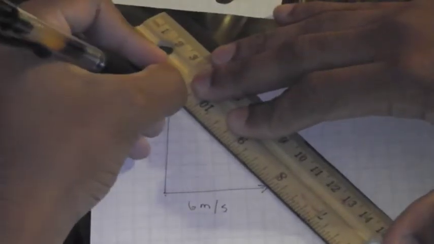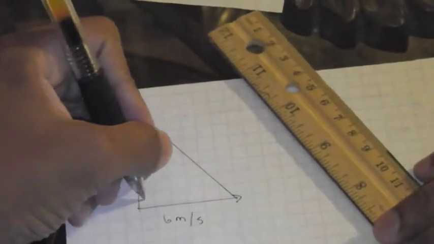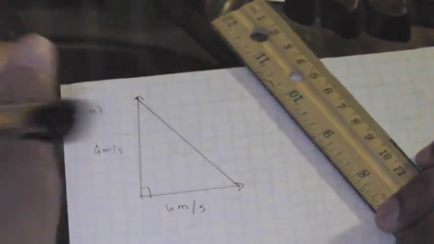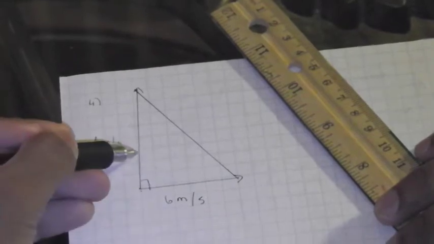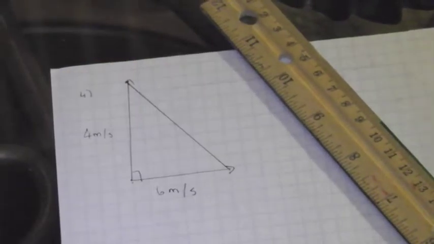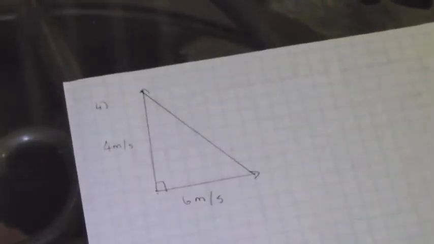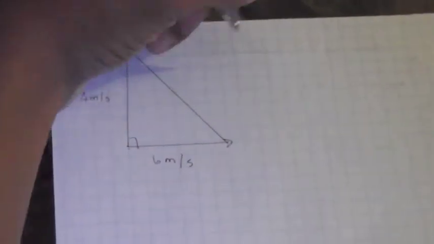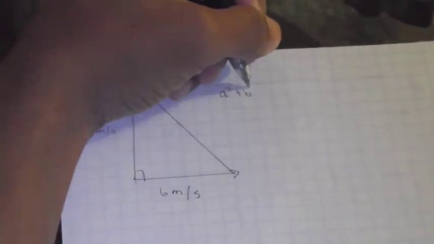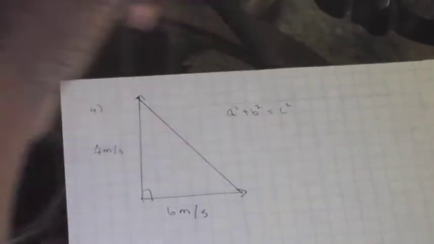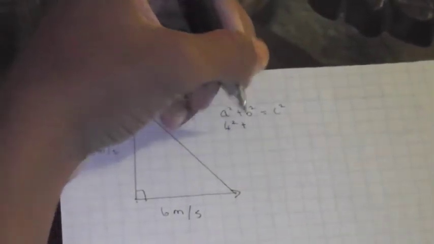And now we have to find out the launch velocity. So the launch velocity is this missing side. Since we know that the horizontal and vertical components added together make up a right triangle, we can use the Pythagorean theorem, which states a squared plus b squared equals c squared. So let's plug in those values.